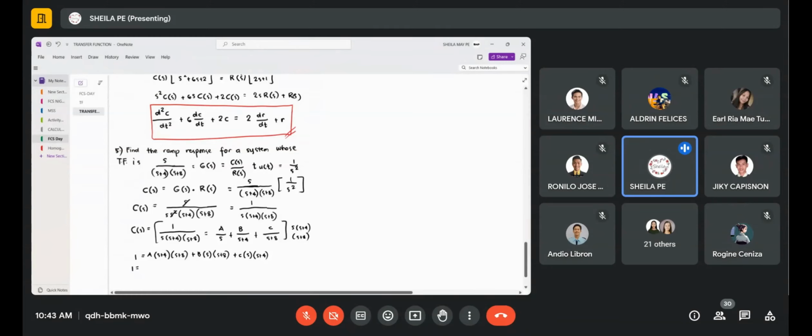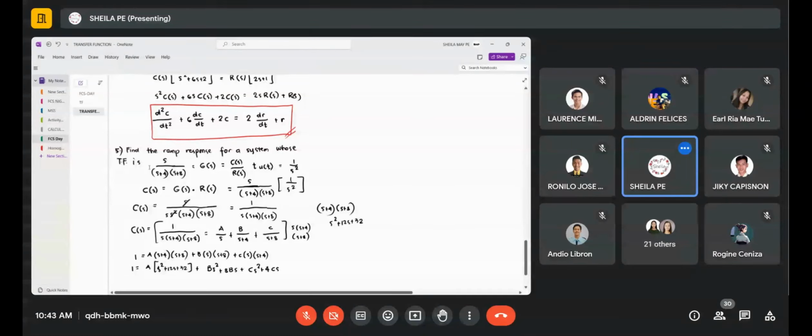Okay. 1 equals a, by the way, (s plus 4)(s plus 8) is s squared plus 12s plus 32. So this should be a(s squared plus 12s plus 32) plus bs squared plus 8bs, okay, plus cs squared plus 4cs.